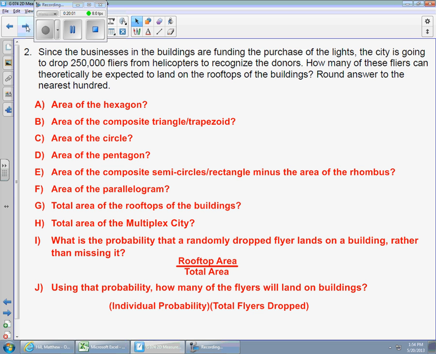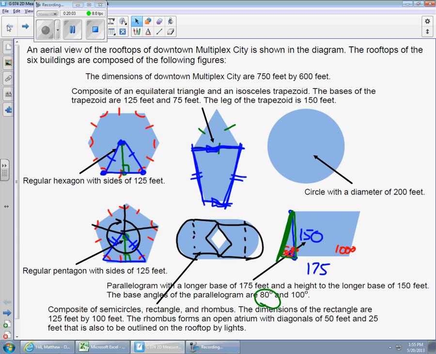When we were looking for the perimeter of the shape that's got the atrium in it, we ended up adding in the perimeter of the rhombus because they wanted to put lights around it as well. But for an area question, we wouldn't want to add this area in, because this area has actually been removed. Theoretically, the flyer could fall from the sky and go down inside the atrium.